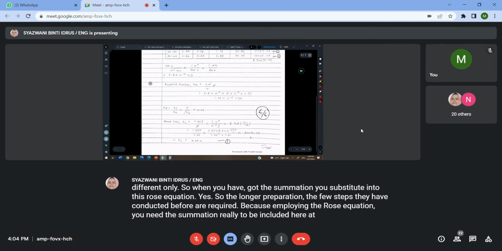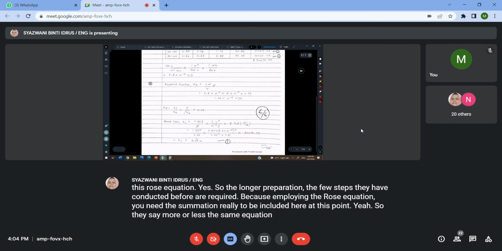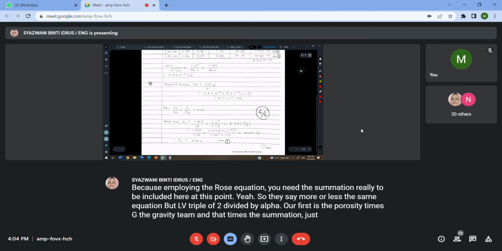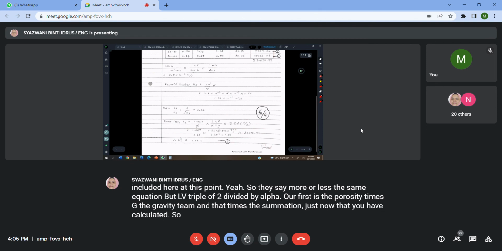It is more or less the same equation, but with L v squared over 2 divided by alpha, where alpha is the porosity, times g, the gravity, times the summation you just calculated. In this case, HL, the head loss, is equal to 0.66 meters.